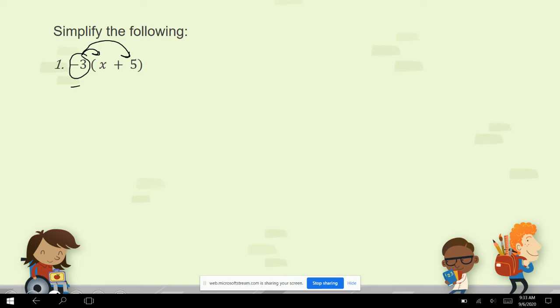So we're going to have negative 3 times x plus negative 3 times 5, which when we simplify is going to give us negative 3x minus 15. When you multiply by this second number, you keep the sign that is in the expression inside the parentheses.